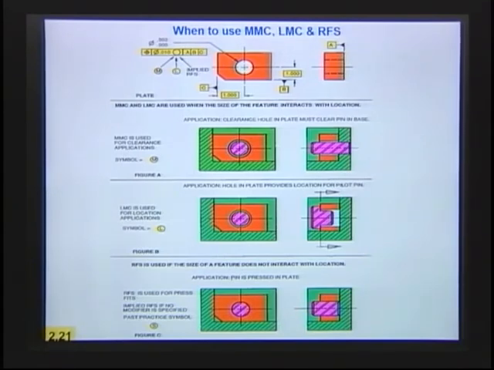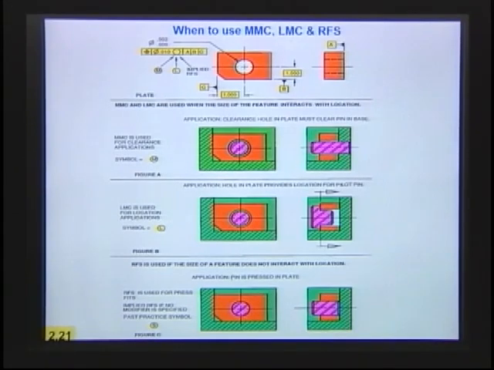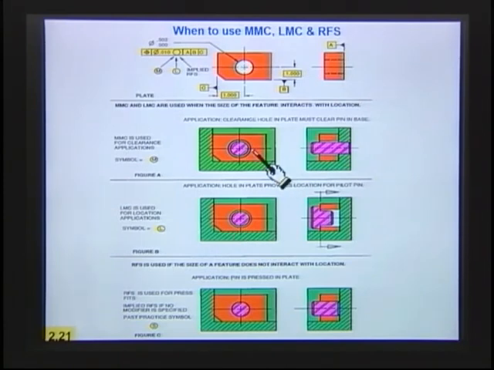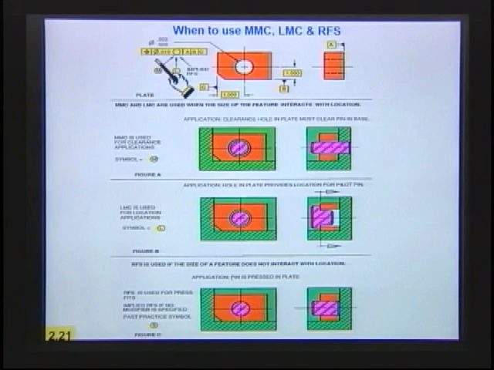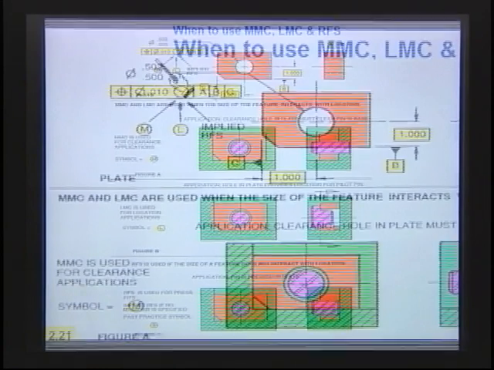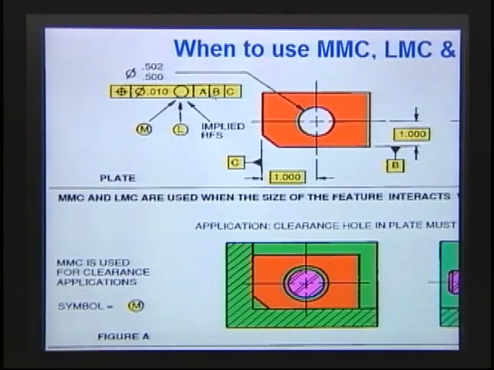In many cases on the drawings, you're going to be required to select the datums, and after you select the datums, you're going to have to apply modifiers. And so we're going to talk a little bit about when you should use MMC, LMC, or RFS. And this example here is in the fundamentals workbook, and we'll give you some guidelines on when you should apply the modifiers when you're using a position tolerance up here.